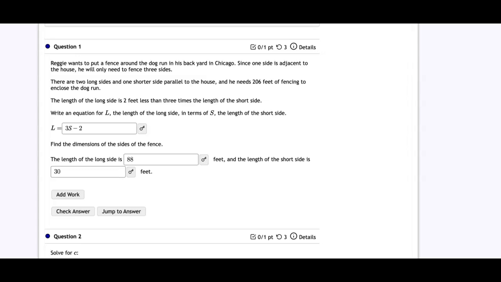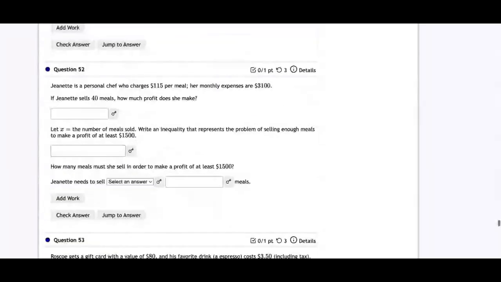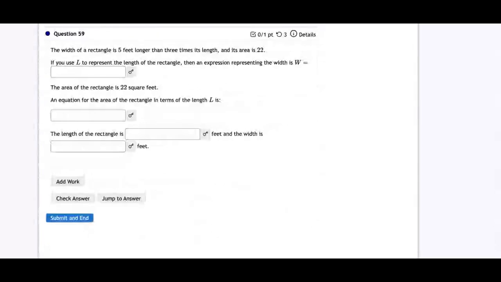Anyone has any questions? The 59 practice questions.